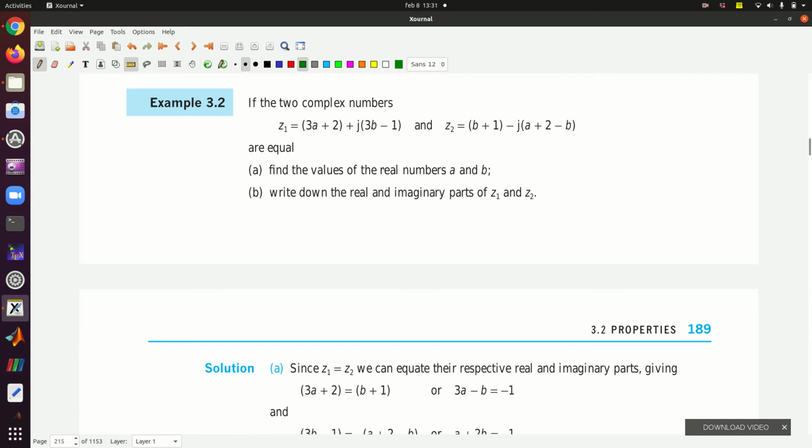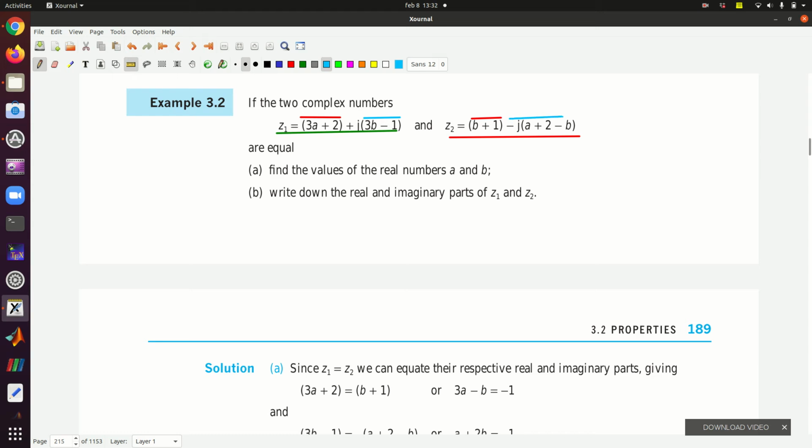So for example, if we have this z1 here and we have z2, if they are equal, then it's just a matter of equating the real parts. Okay, the real part 3a minus 2 equated to the real part here, b plus 1, and same here, the imaginary part 3b minus 1 equated to the imaginary part here.